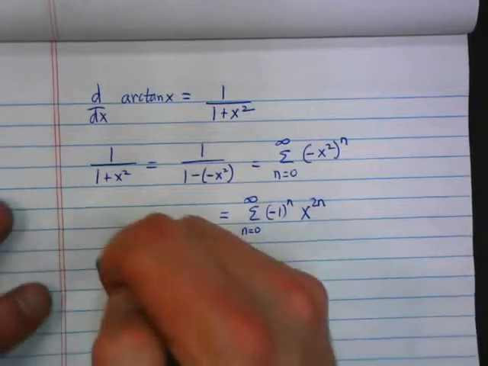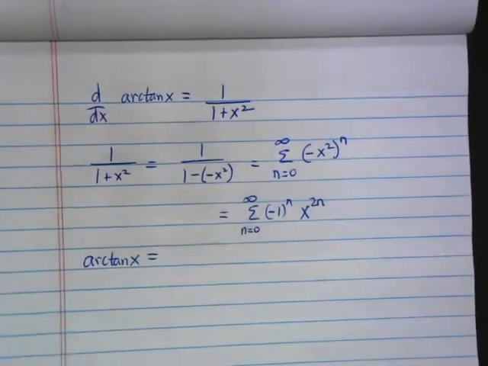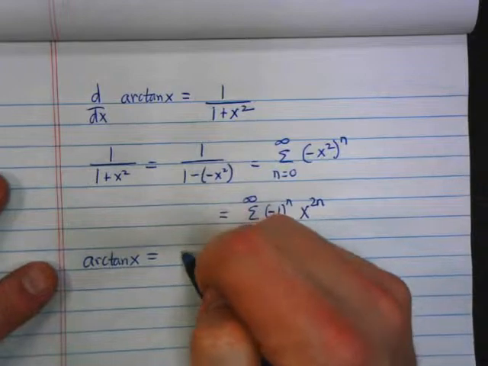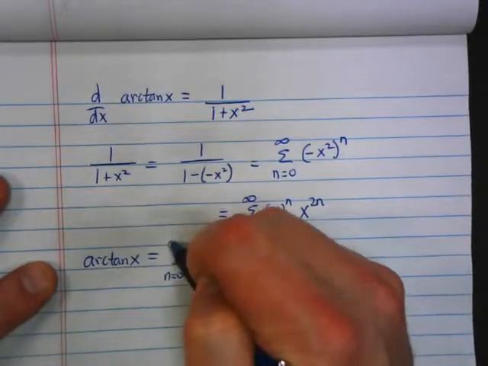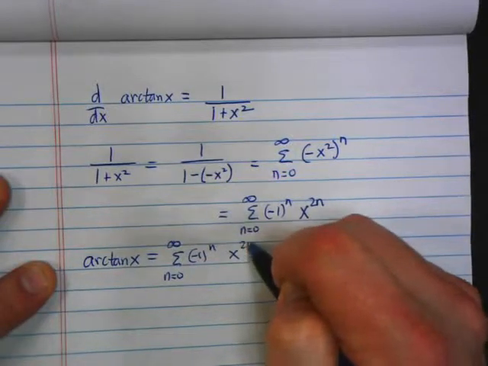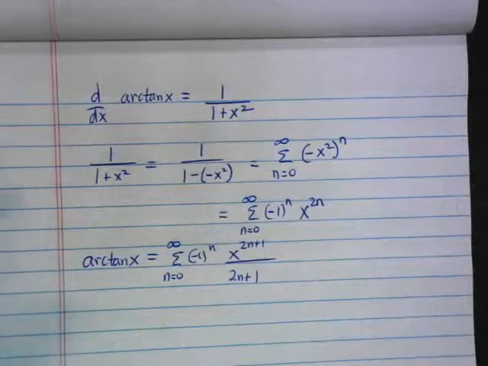So what's the power series for arctangent? I integrate again, don't I? This is going to be the sum from n equals 0 to infinity of negative 1 to the n, x to the 2n plus 1 over 2n plus 1.